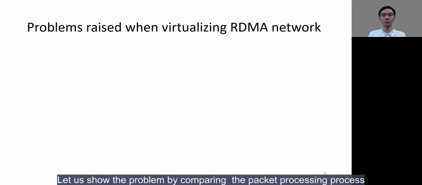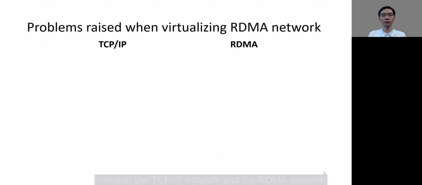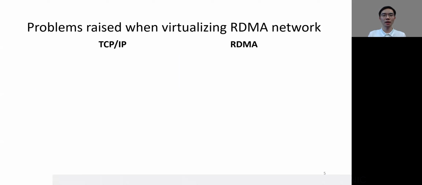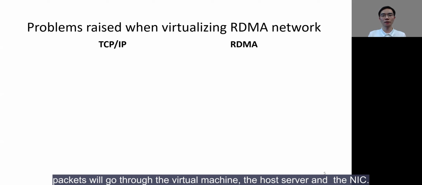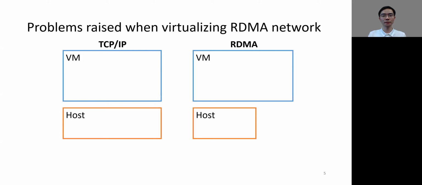Let us show the problem by comparing the packet processing between the TCP/IP network and the RDMA network. In a virtualized environment, before being injected into the network, packets will go through the virtual machine, the host server, and the NIC.